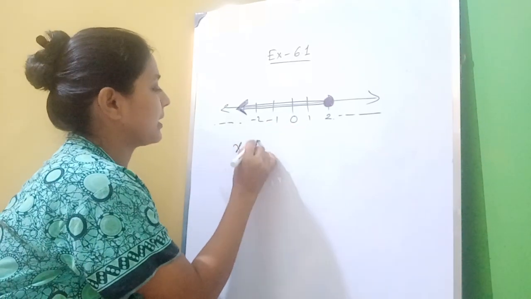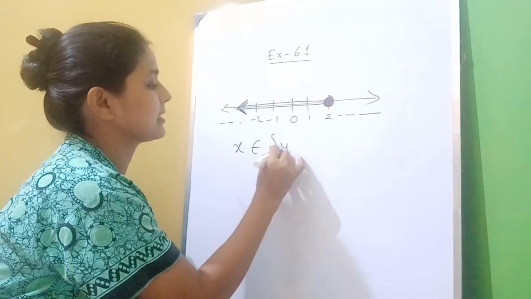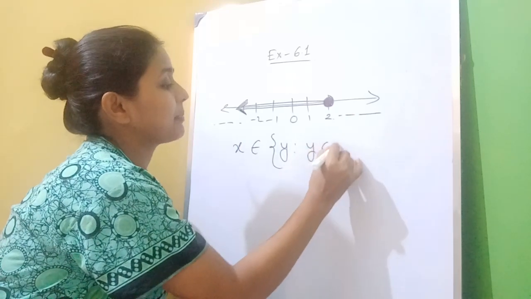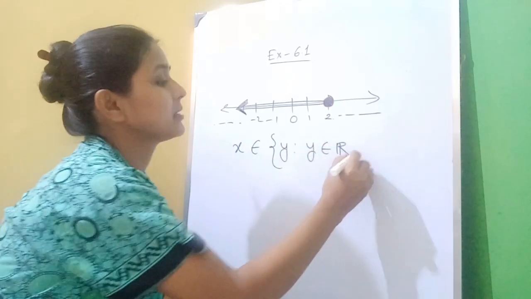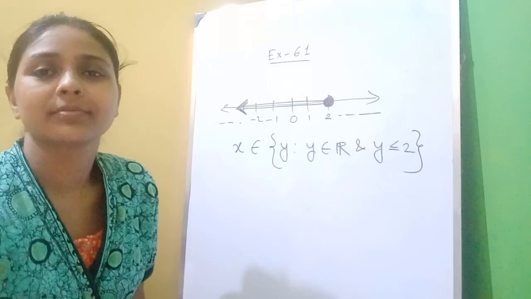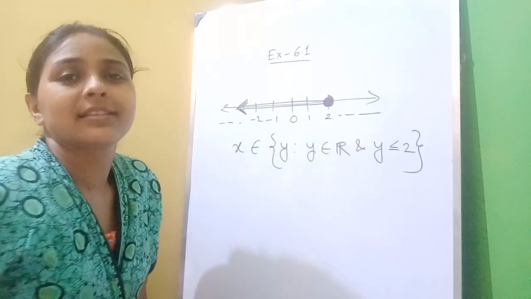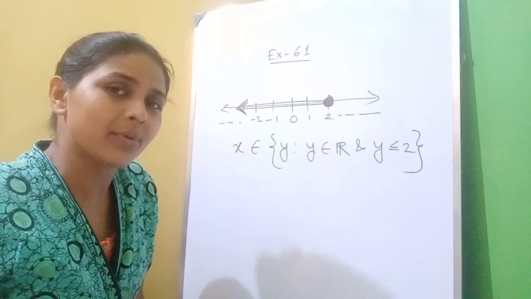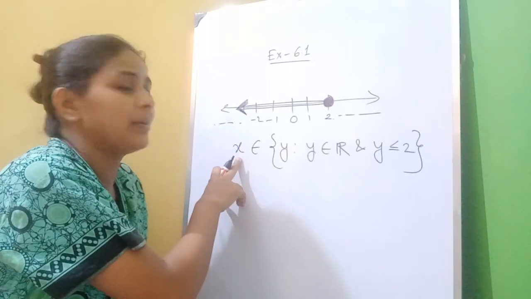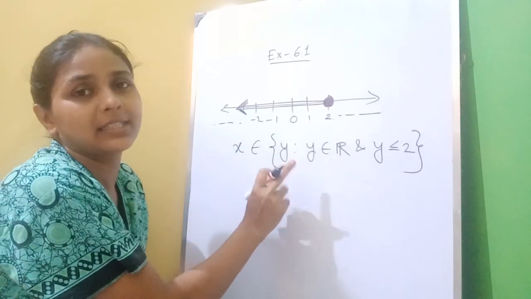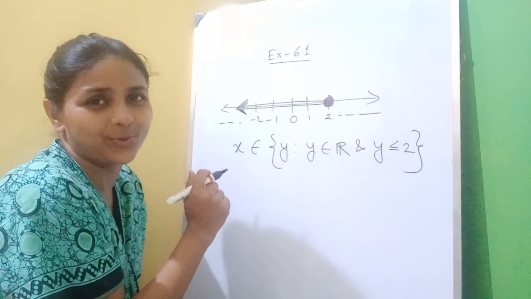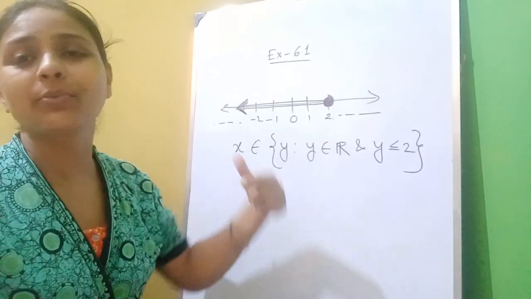Here also I am writing it properly. x belongs to the set, and the set is y such that y belongs to capital R, that means real numbers, and y less than or equal to 2. This is the set builder form. Already you have done it in the first chapter, sets. So x will be any element of this set. Okay, did you get it? I hope so. So this is the way of doing it.